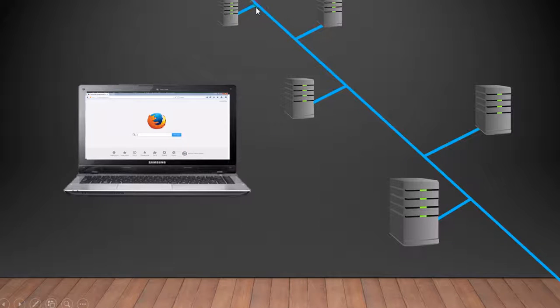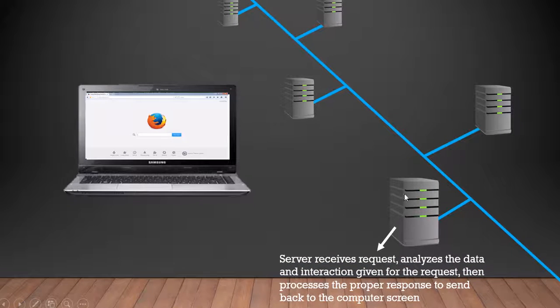So we click enter and bam, a request is sent. It's sent to the internet, and it goes through the internet wire and reaches a specific server with our web page information. The server receives this request, analyzes the data and interaction given for the request, then processes the proper response to send back to our computer screen.